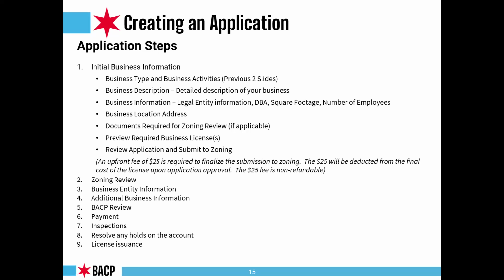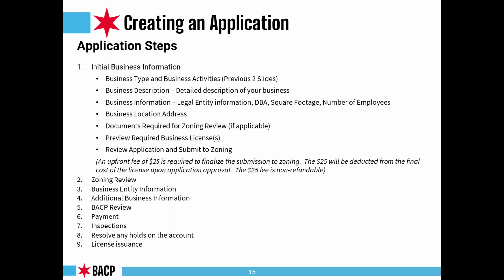You will provide information regarding your business, such as your legal entity information, your DBA, square footage, number of employees, and the address where you will be operating from. If applicable, you may have to supply documents for your zoning reviews. Some licenses, such as liquor or a children's facility, are going to require upfront documentation to gain zoning approval.